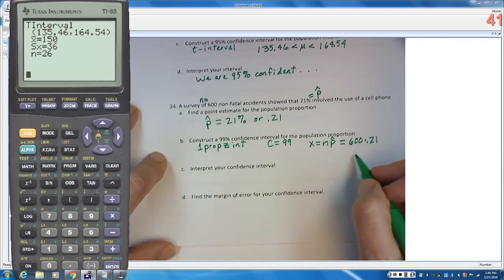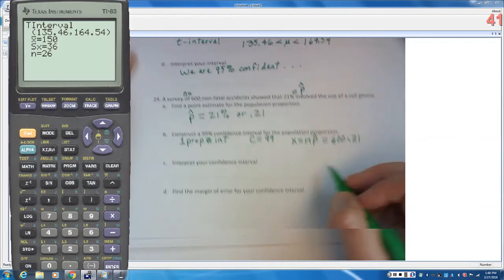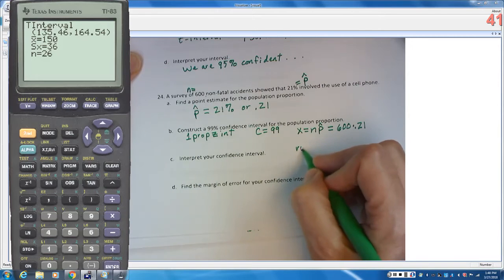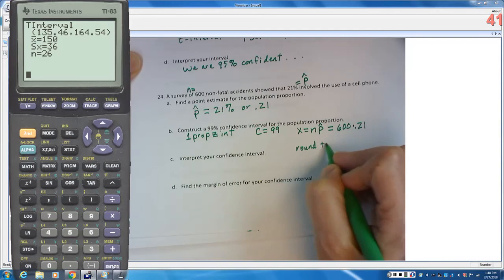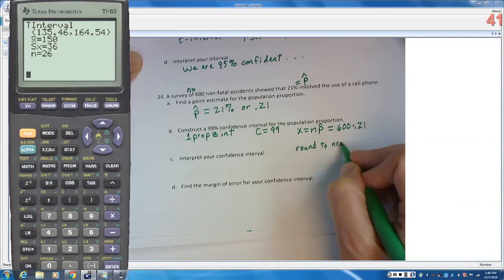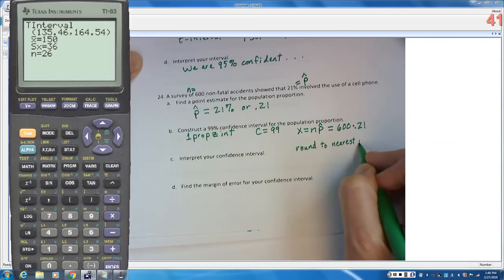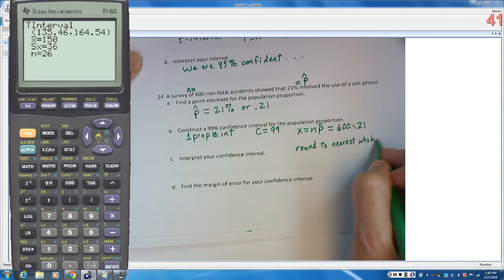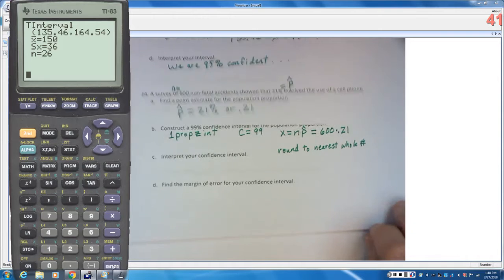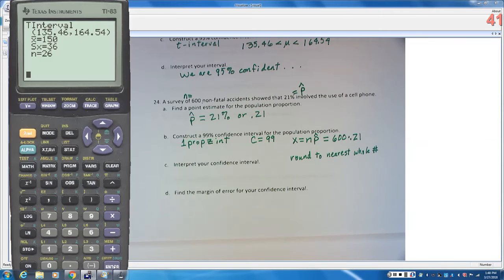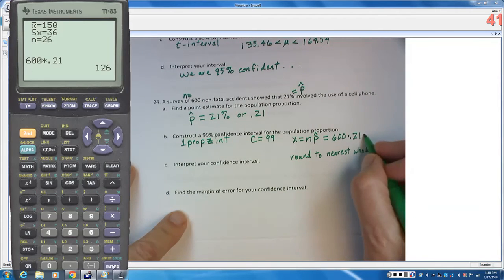You need to round to the nearest whole number. X has to be a whole number. So 600 times 0.21 ended up being a whole number, 126. Probably won't work that way on the test.